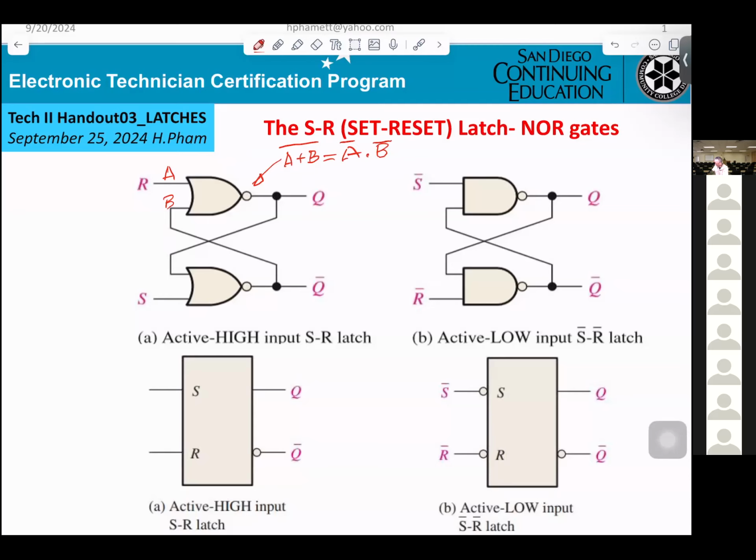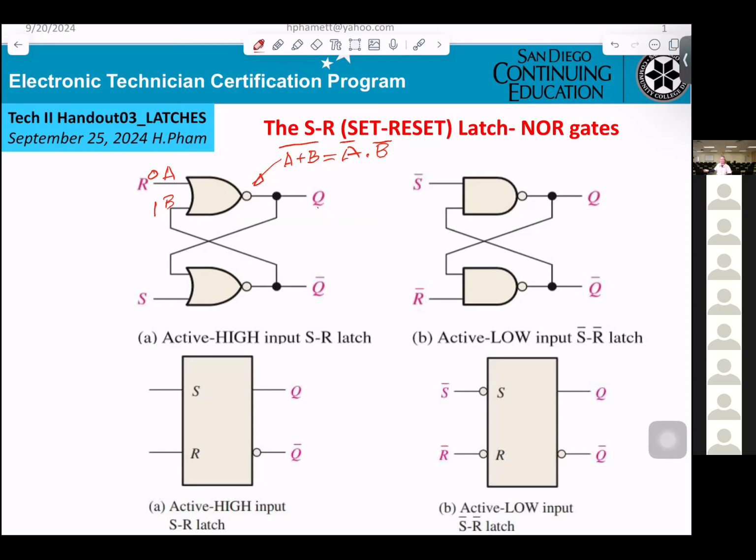In order to talk about the output, if you get 0 here and 1 here, what output? Zero. If you get A 0, B 1, what output Q? Oh, Q is 1? Come on.